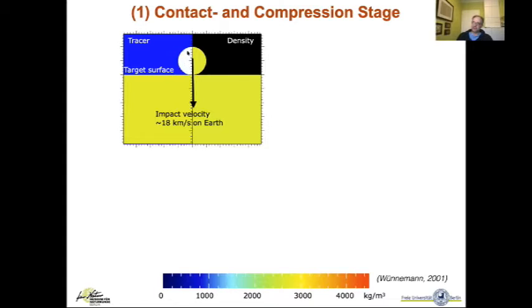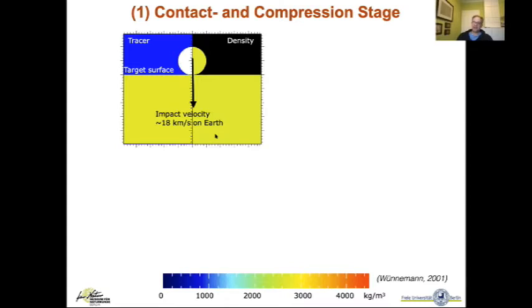So you see here in white what is initially the projectile, in green what is the target, and in this case the density of the projectile is the same as the target. 18 kilometers per second is the average velocity on Earth, but that also applies for the Earth-Moon system. The Moon has a slightly smaller average impact velocity than the Earth, but overall that's very similar.